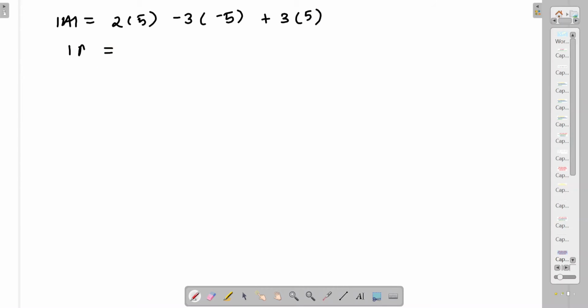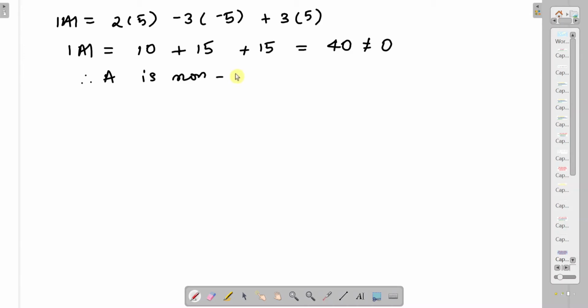So this determinant of A will be equal to 10 plus 15 plus 15, that is 30, and 30 plus 10 is 40. And this is not equal to 0. So therefore A is a non-singular matrix.